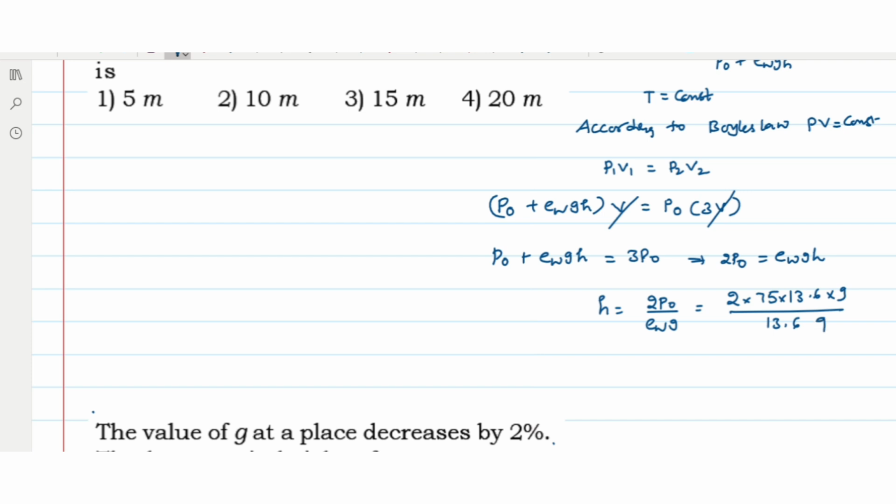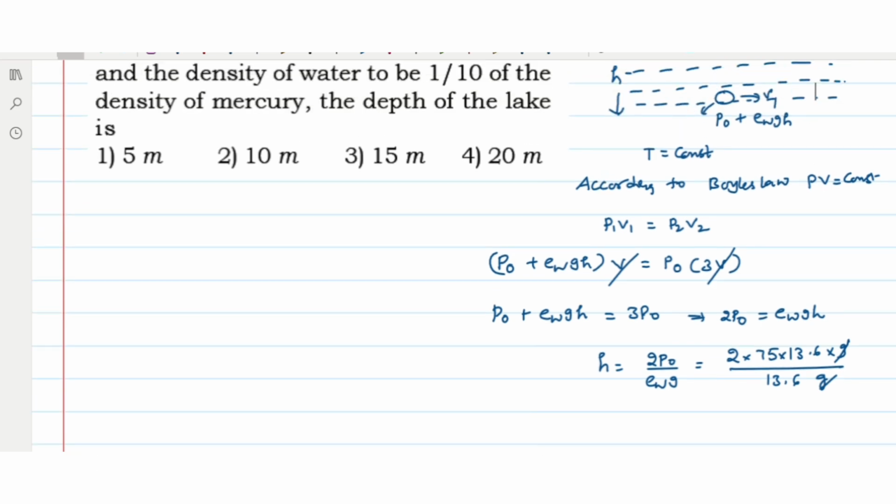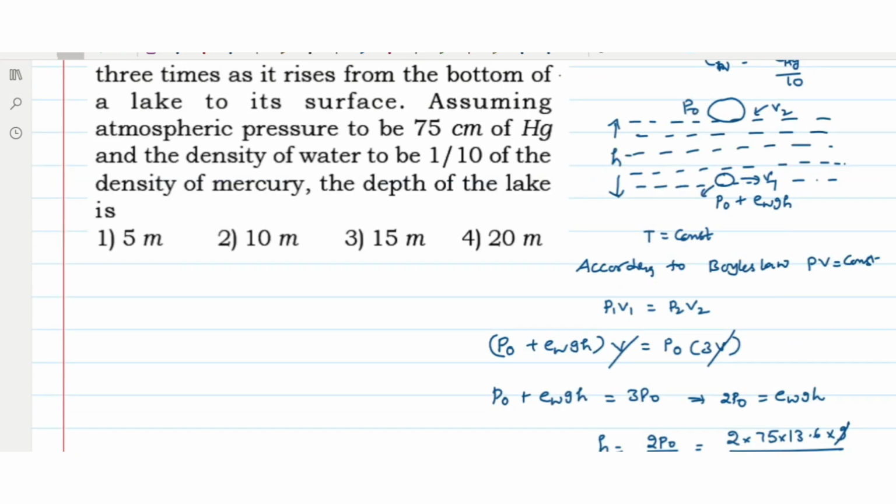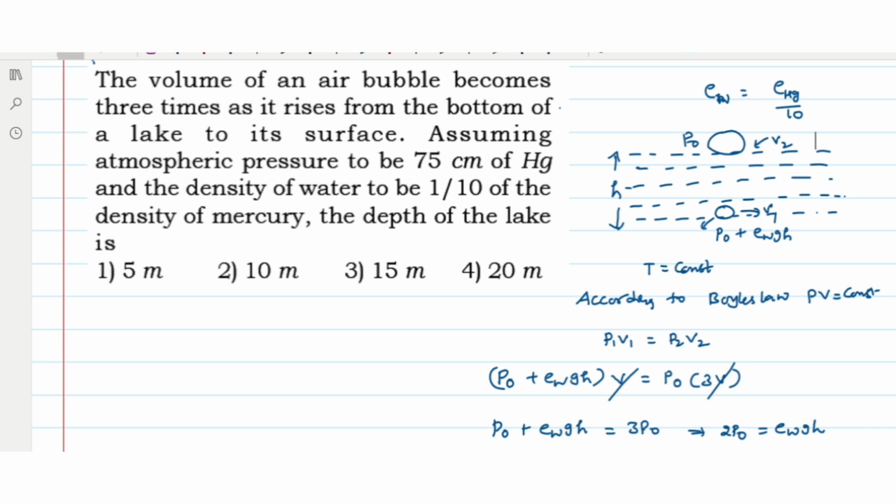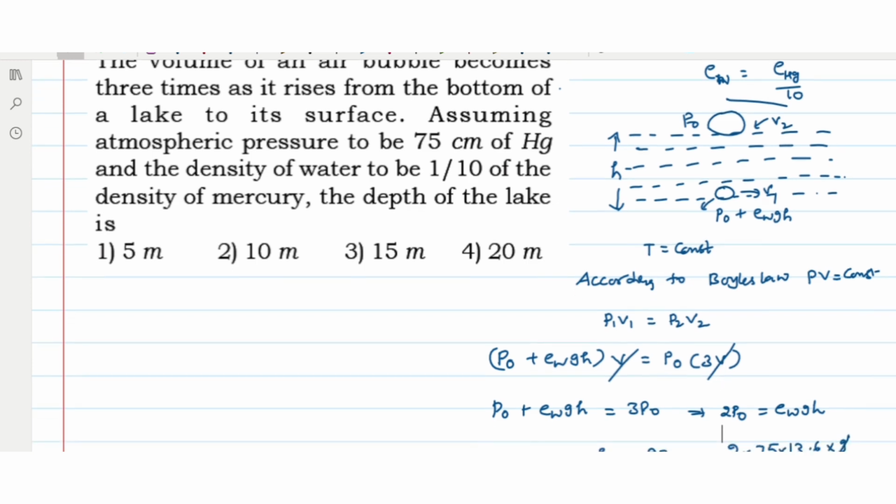The g and g get cancelled. Here it was given that density of the water is density of the mercury by 10.